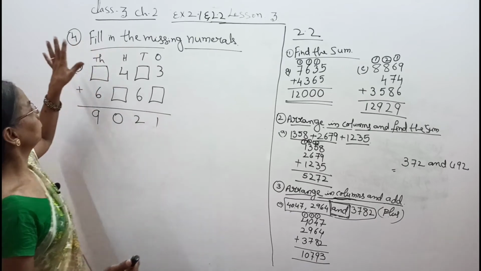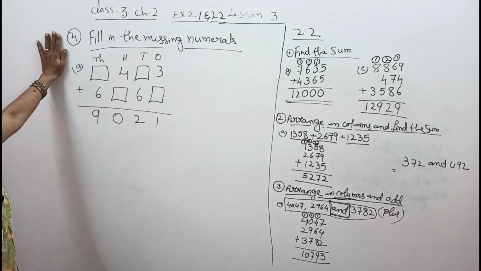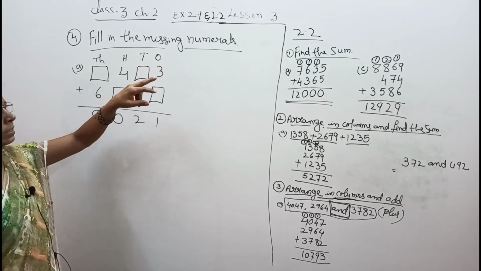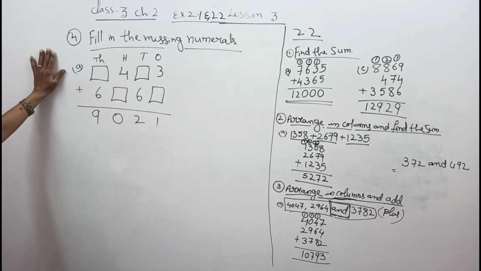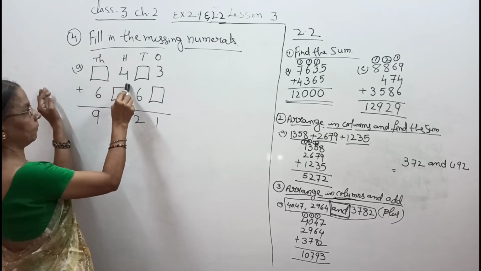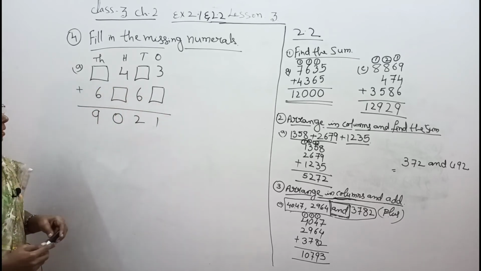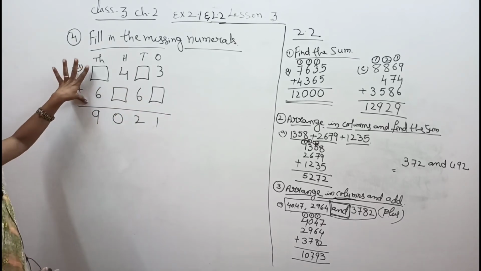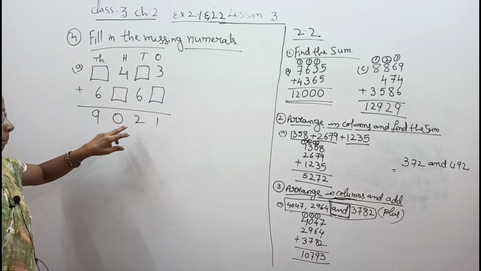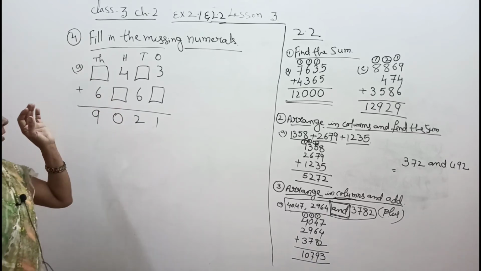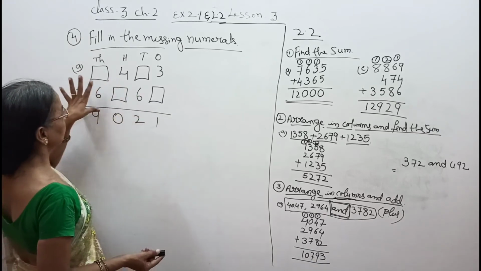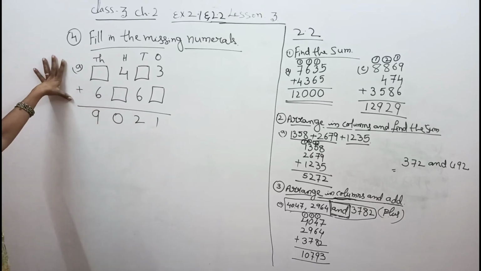Now we are going to know about this question, that is fill in the missing numerals. In this question the numbers are given, but in between the numbers there is a blank. Now we have to fill the blanks and compare the answer. Then only we know whether the written numbers are right or wrong.